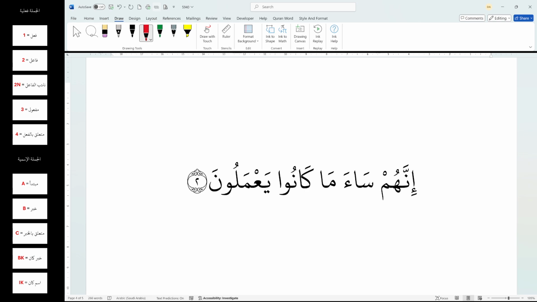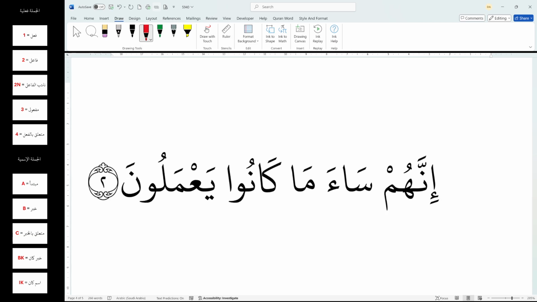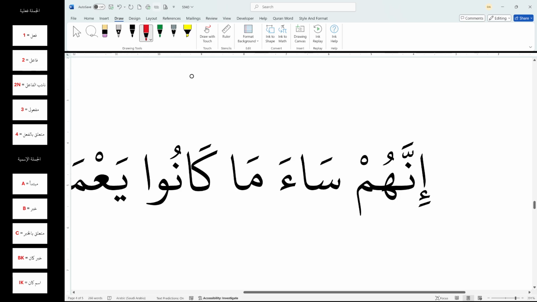From the face of it, when you look at this Arabic, you are looking at innahum. This innahum is a combination of harf of nasb, inna, and then hum, which is the pronoun. Combined, all of this is a harf of nasab fragment.